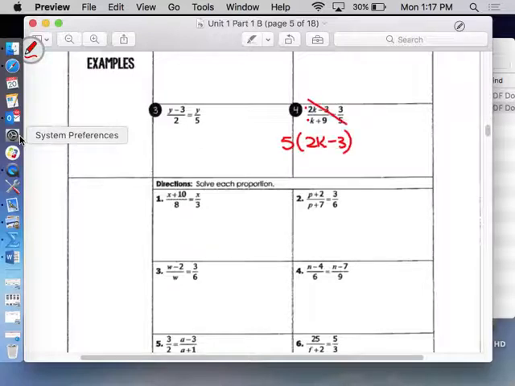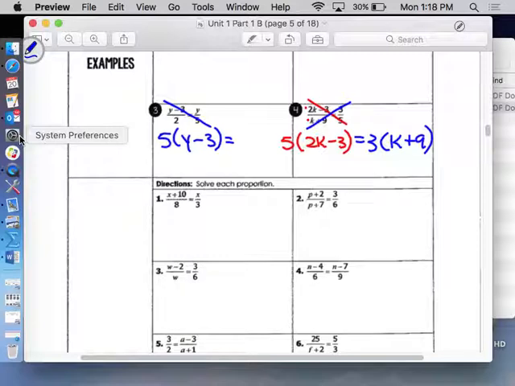I'm going to set that equal to 3 times k plus 9. I'm confident that you can take that from there on your own. Looking at number 3, the product of the extremes is 5 times y minus 3, and I would set that equal to the product of the means, which is simply 2y.